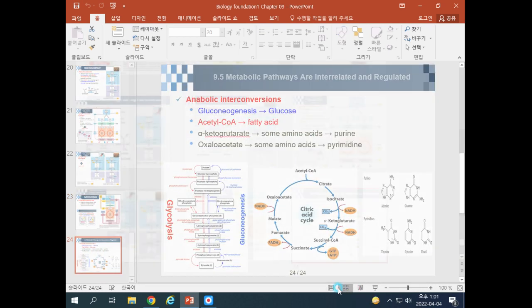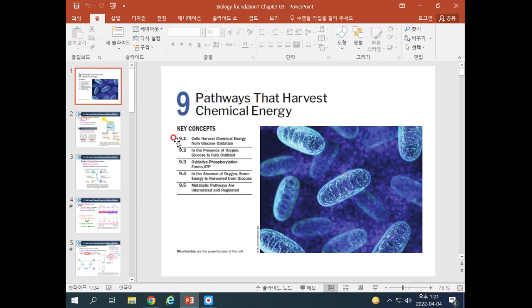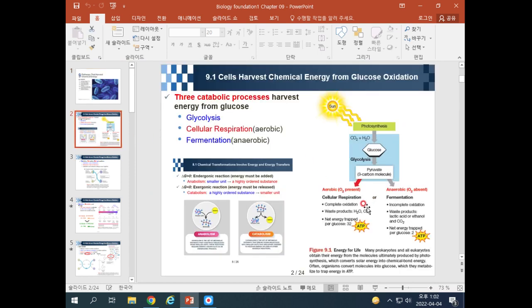Okay, so today we learned pathways that harvest chemical energy. It's very difficult, so this one summarizes everything. During glycolysis, when there is oxygen, cellular respiration happens, so they will make 32 ATP.